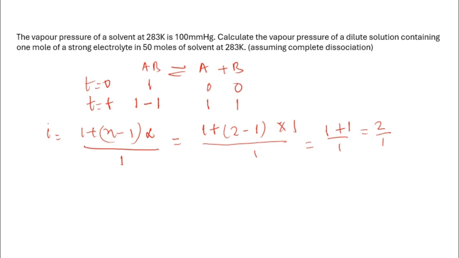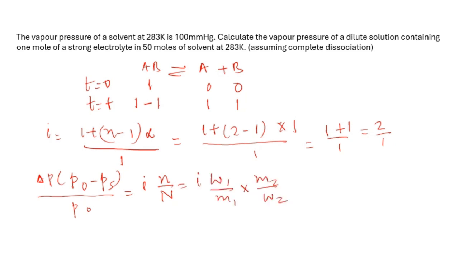Relative lowering of vapor pressure, delta P by P0, that is (P0 minus PS) by P0, equals i, since it is a dilute solution, n by N. P0, the pressure of pure solvent, is given as 100 millimeter Hg, and you have to calculate the vapor pressure PS, it's not given.